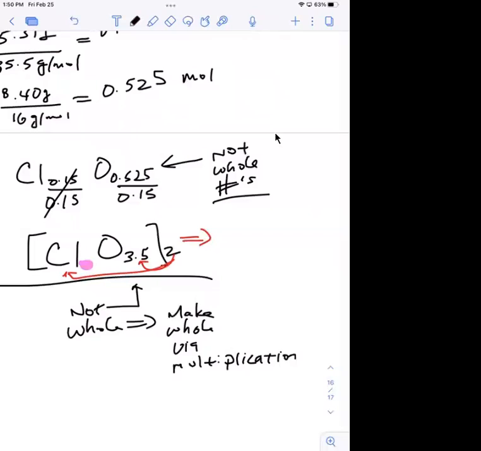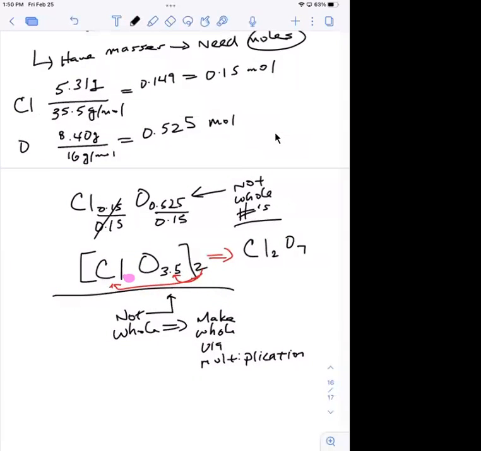So this is going to end up being what? Cl2O7. That's a huge difference from ClO4. Yes, sir. Huge difference. So when you're doing empirical formulas, it may be tempting to round that number up, but instead just make it whole by multiplying.